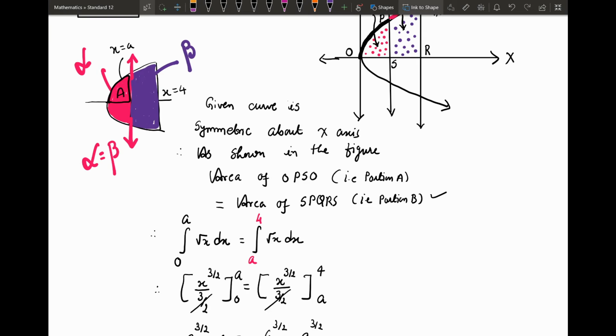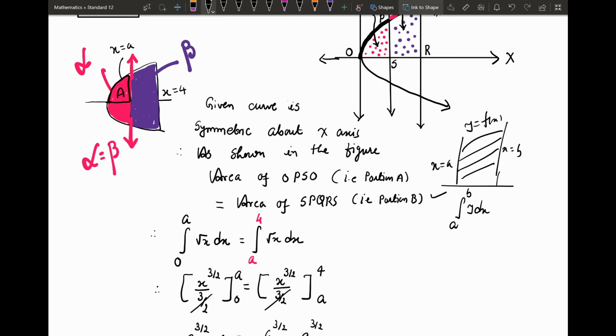So for the portion which lies in the first quadrant, due to symmetry we only have to compare A and B, as according to the given condition area of portion A equals area of portion B. Area of portion A is given by the limit 0 to A using this formula, y equal to f of x, x equal to A, x equal to B, and x axis. Area of this portion is given by A to B y dx.